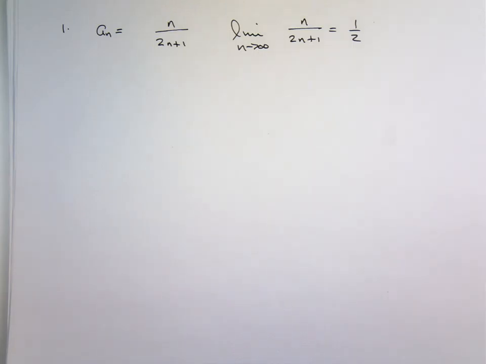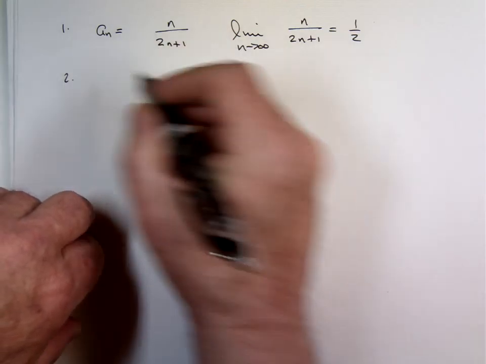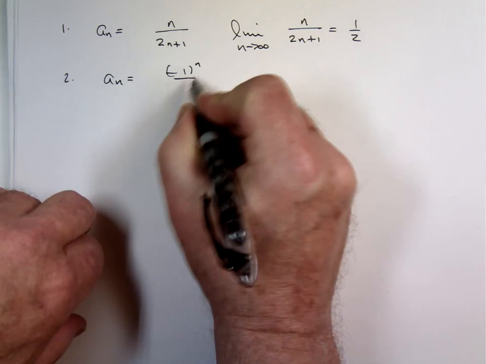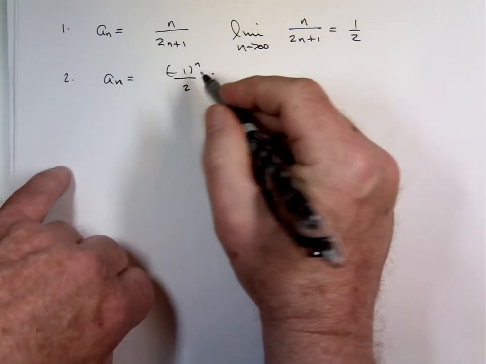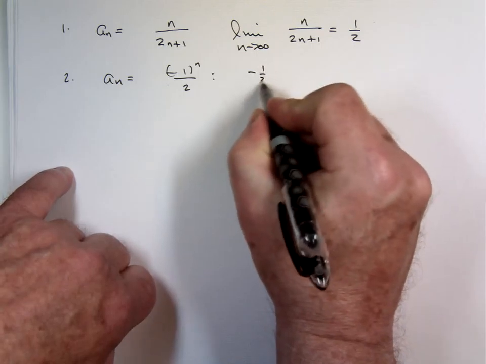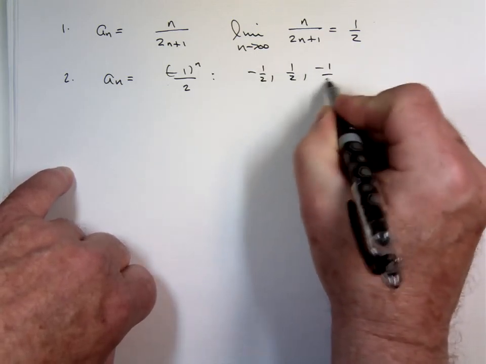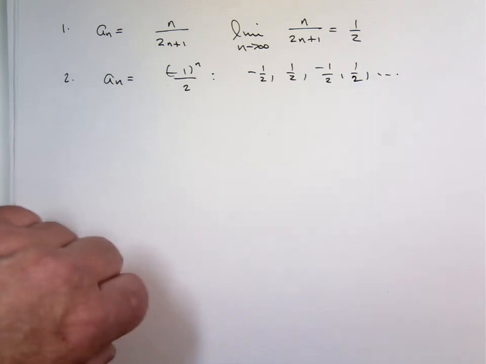Number 2. Our nth term is negative 1 to the n over 2. And if you take a look at some of these terms, when n is 1, for example, you get negative 1/2. When it's 2, you get 1/2. When it's 3, you get negative 1/2. Then positive 1/2, etc. There is no limit here.